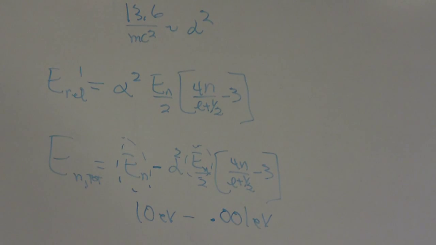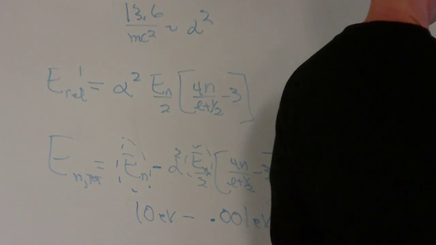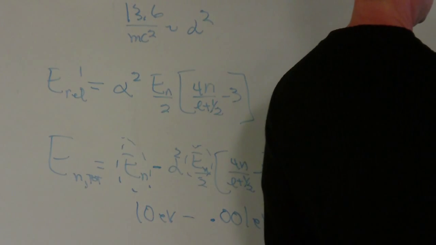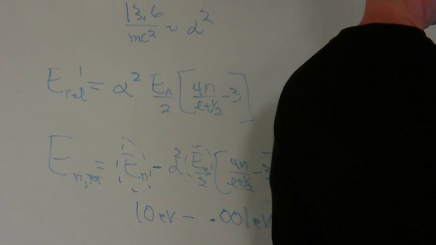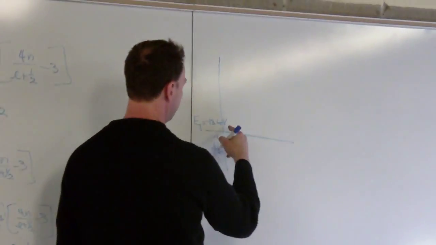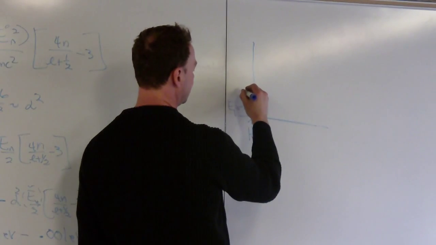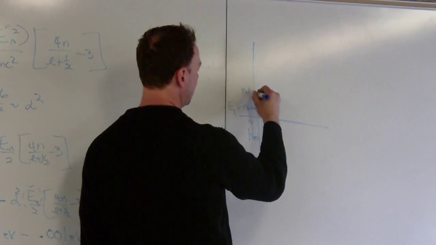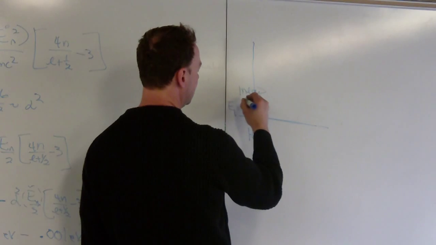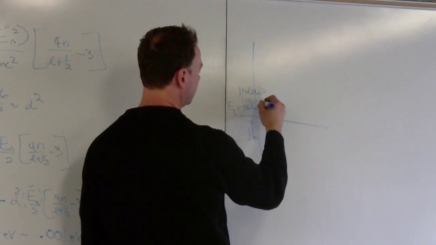All right, so let's look at how this splits up. Here's what I did. Let's look at an energy level diagram. For example, here's E1, which equals minus 13.6 eV. So this is under H0. E1 is for n, l, ml, it's 1, 0, 0.